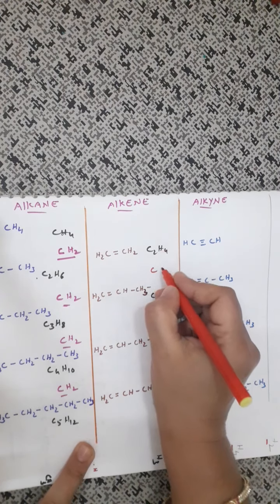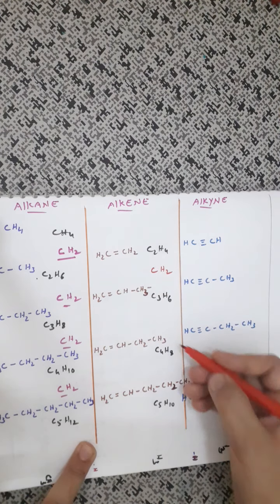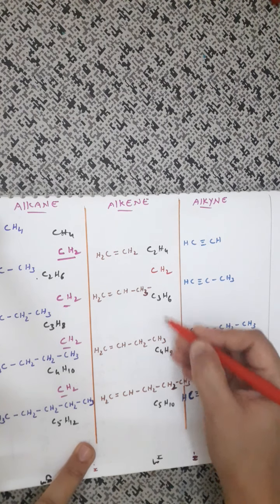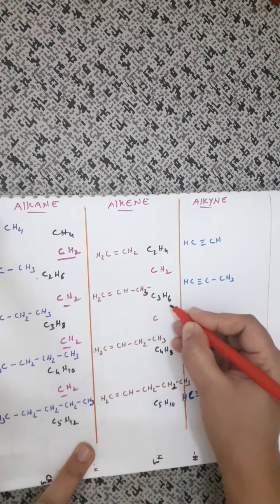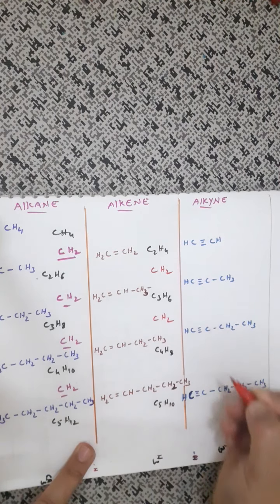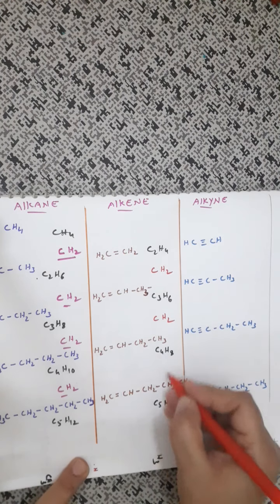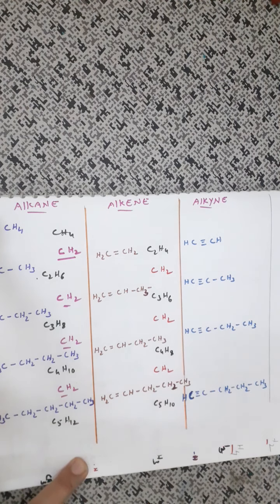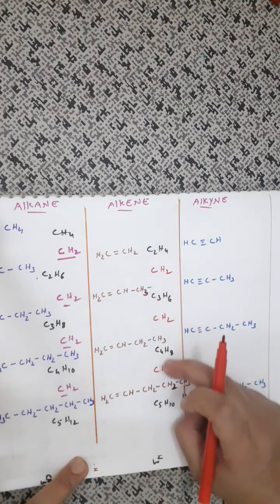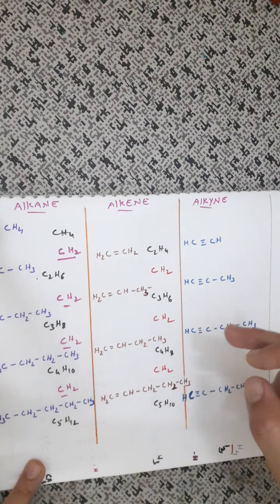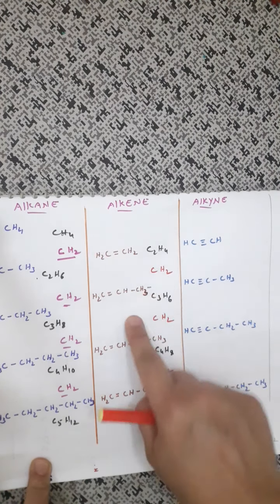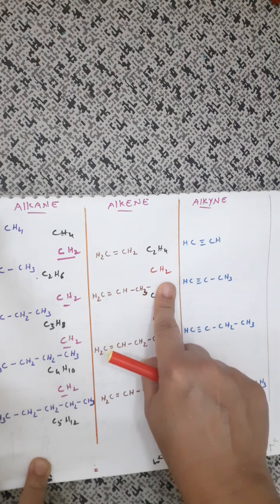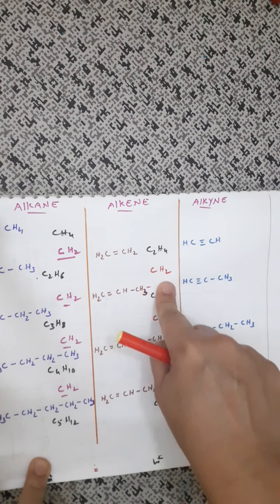Then 6 minus 4, 2. Yes, CH2. Similarly, propene and butene: 4 minus 3, 1. 8 minus 6, 2. CH2. Then again pentene to butene: 5 minus 4, 1. 10 minus 8, 2. CH2. So are we observing here also the same difference? Yes. So the difference between two successive hydrocarbons is CH2, by 1 carbon and 2 hydrogens.